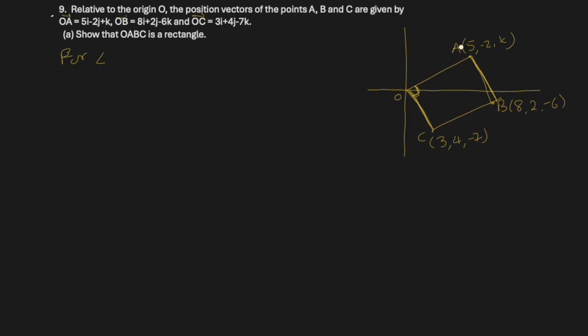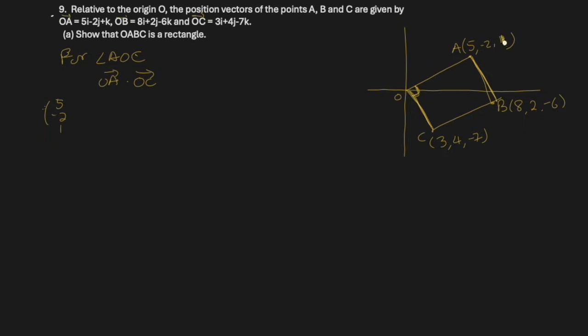For angle AOC, I have to find OA dot OC. Okay, so let's see what is the dot product of the two. So OA is 5, minus 2, 1.